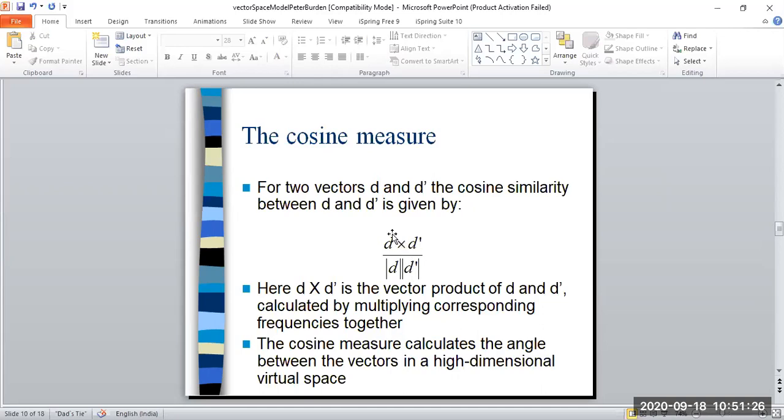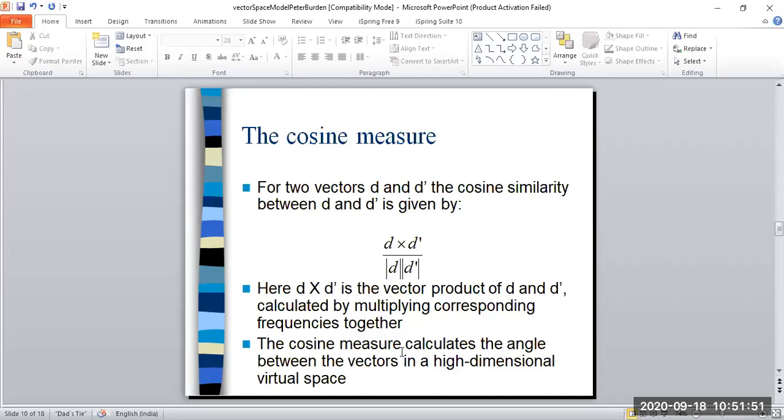Here we are calculating the dot product, and in the denominator we are multiplying the absolute values of the two vectors, d and d dash, or d complement. Here d multiplied by d dash is the vector product of d and d dash, calculated by multiplying corresponding frequencies together.